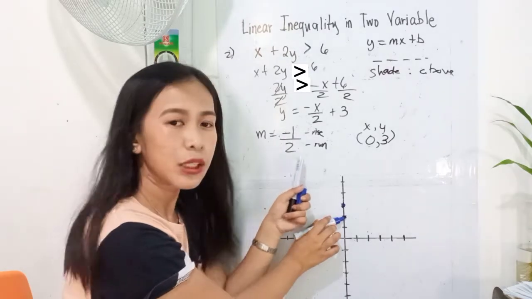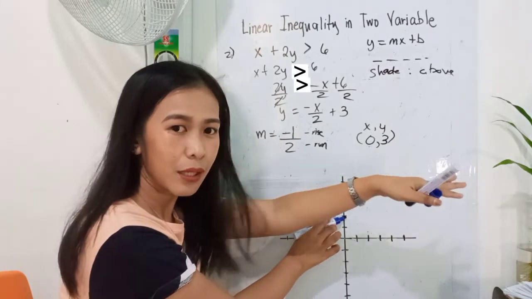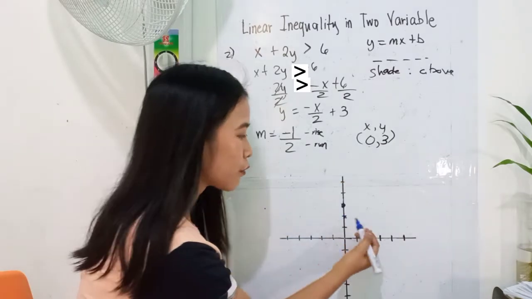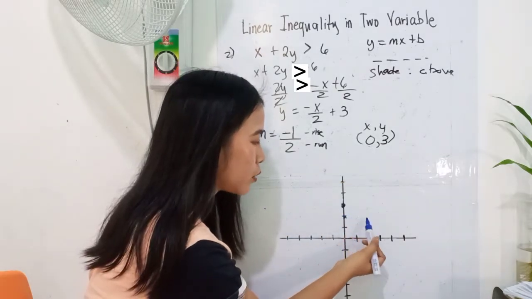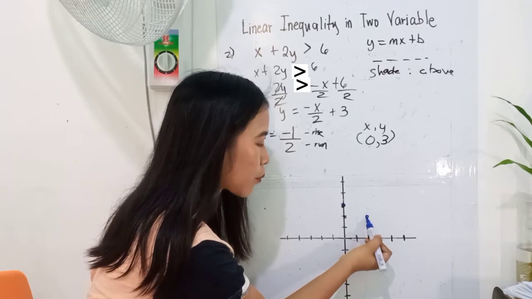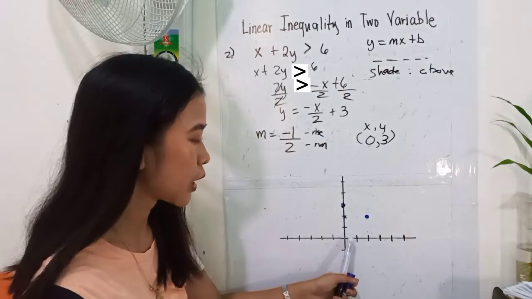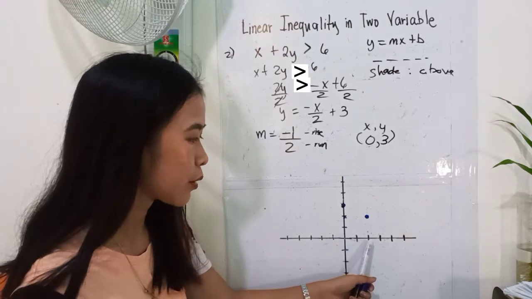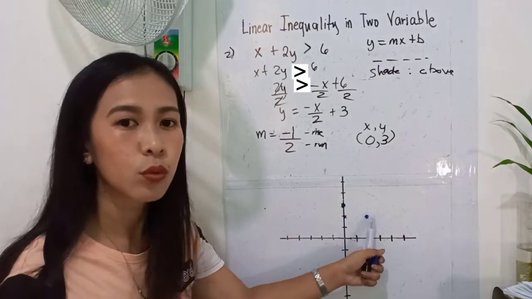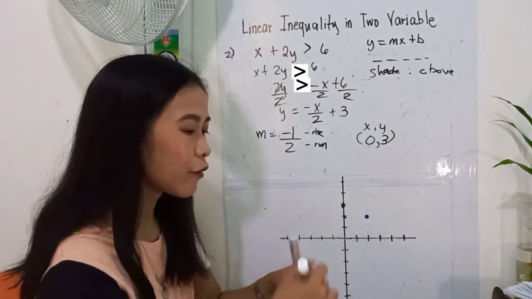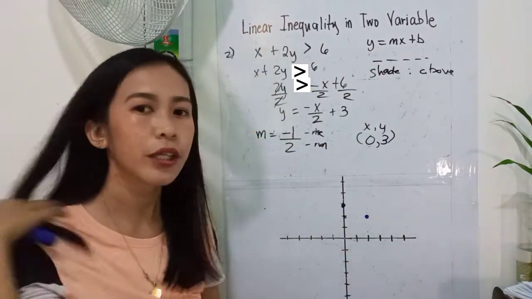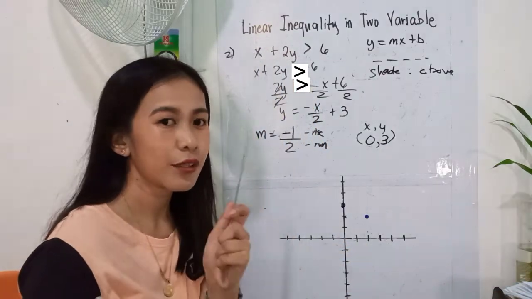Ito naman ay positive 2. So, pakanan, right. Okay? So, we have 1, 2. Therefore, nandito yung isa mong point. And that is, ang ordered pair na niyan is positive 2 and positive 2. 2 and 2. Okay? So, right after that, i-drawing nyo na or i-graph nyo na using your ruler.